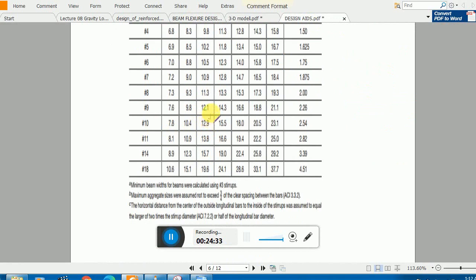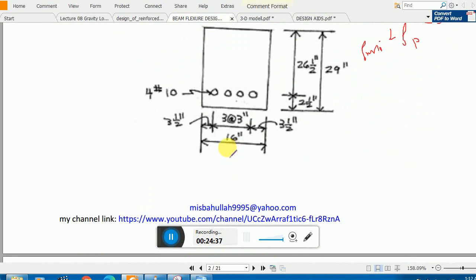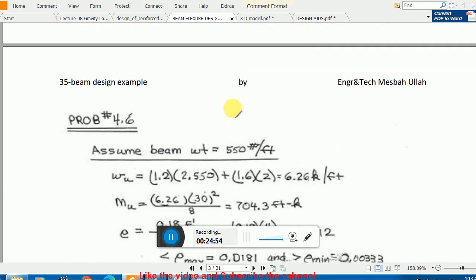So 12.9 inch width is needed for me and I'm using 16, so this is okay, because my width of the beam is more than the minimum width of the beam. So this spacing will be okay. If it is less than 12.5, then I again repeat the calculation, or else I have to provide these bars in 2 layers. So this is the ACI criteria you must satisfy.